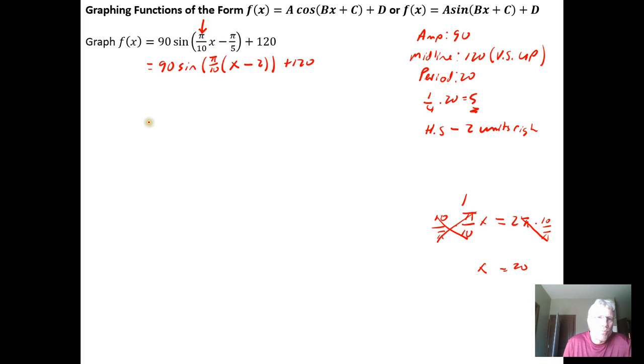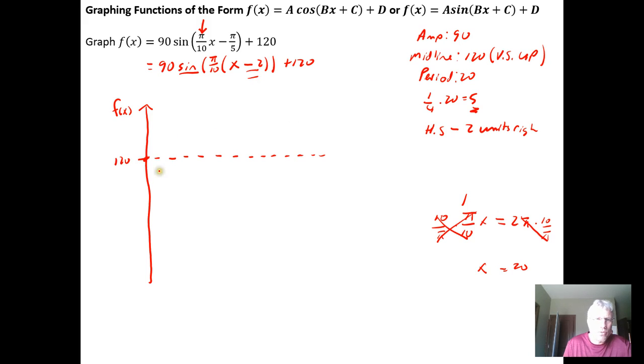So you can start to put together the function. I'm going to establish my vertical axis. So here's my f of x axis. The midline is sitting up here at 120. The sine function usually starts right on the vertical axis, but in this case it's going to be shifted 2 units to the right.